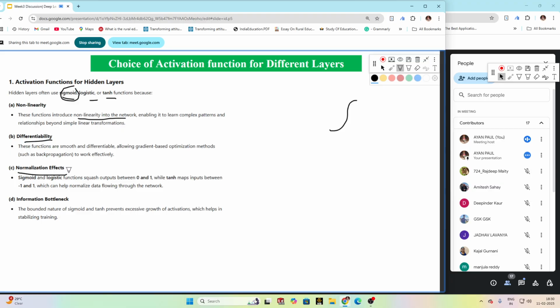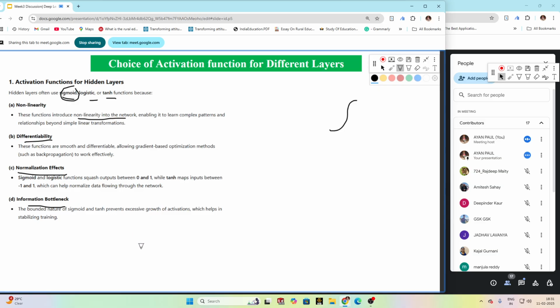Third is the normalizing effect. The sigmoid function generally gives you output from 0 to 1 or -1 to 1, so it has a normalizing effect on the input. The input can be very big, and different inputs can take different values, but whenever we apply a sigmoid or tanh function, it will be normalized in a particular range, like 0 to 1 or -1 to 1. And there is the information bottleneck.